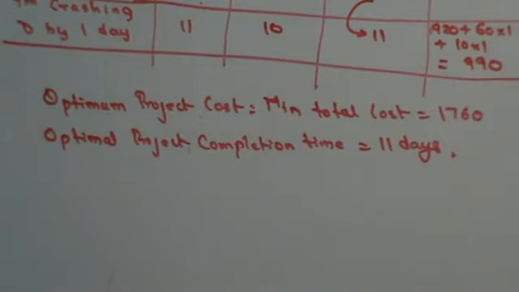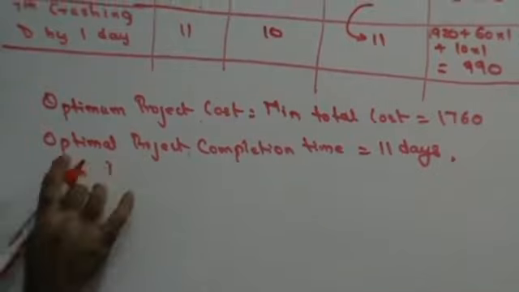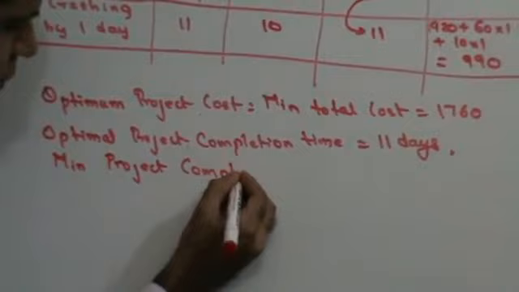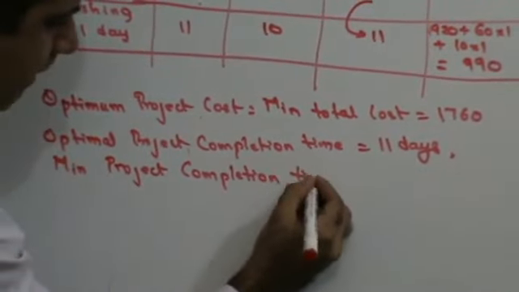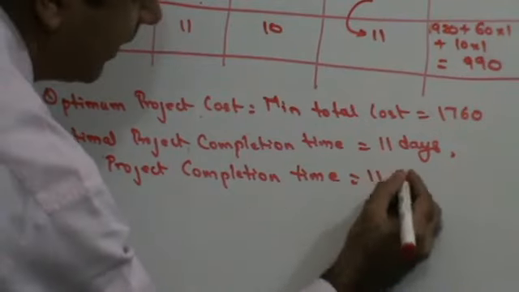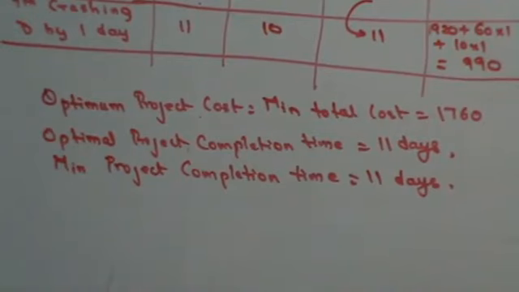And minimum project completion time. Minimum project completion time is the time at which the crashing process ends. It is 11 days. Guys, please understand this. There is a difference between optimal project completion time and minimum project completion time.